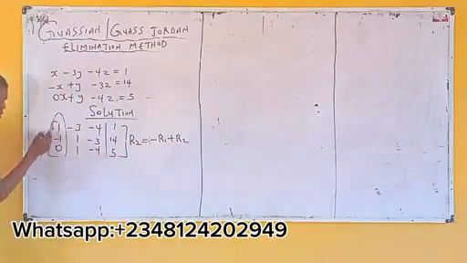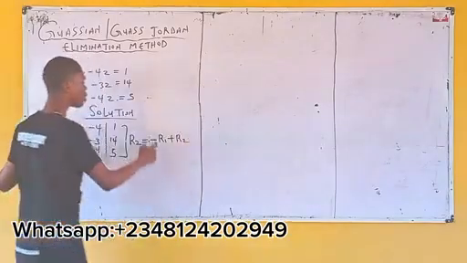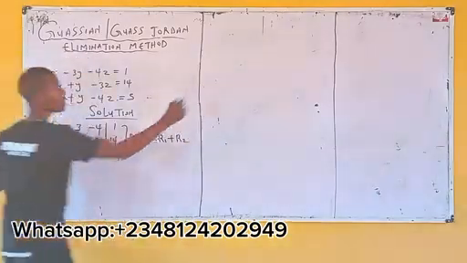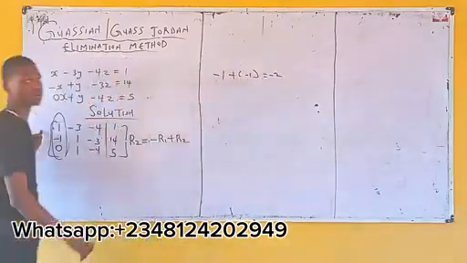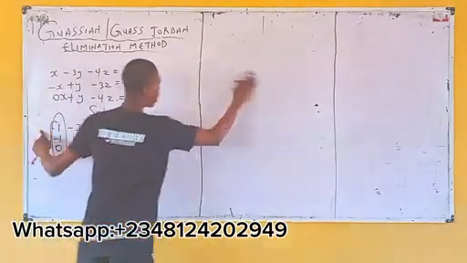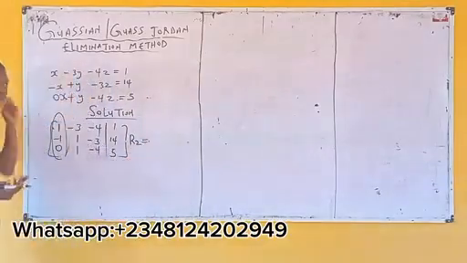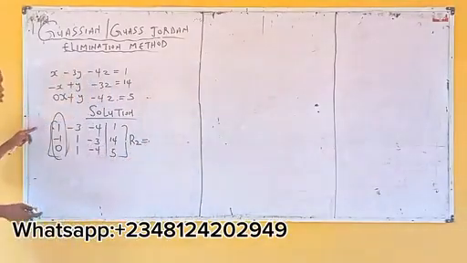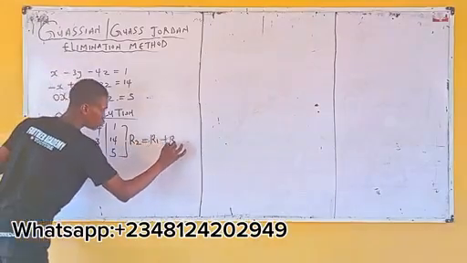Meaning for this column, this is row 1, right? But no, this can't work. -1 plus -1 is -2 and not 0. This cannot work, so try another manipulation. That will be row 1 plus row 2.